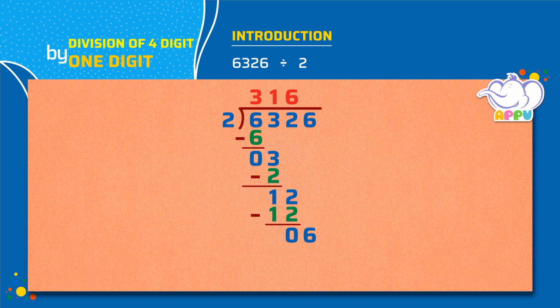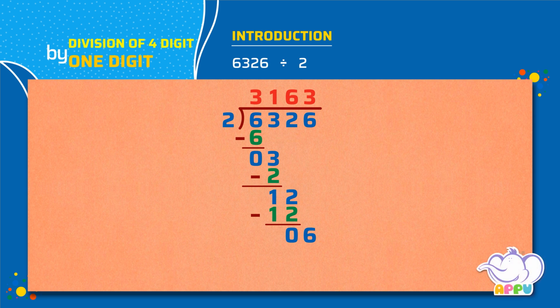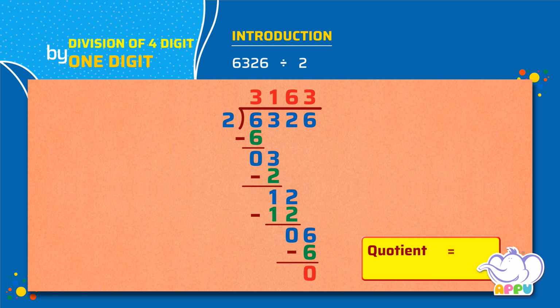We figure out how many 2's does it take to make 6, which is 3. We multiply 2 and 3, we get 6. We subtract 6 minus 6 equals 0. We stop division because 0 is less than 2. So the quotient is 3,163 and the remainder is 0.